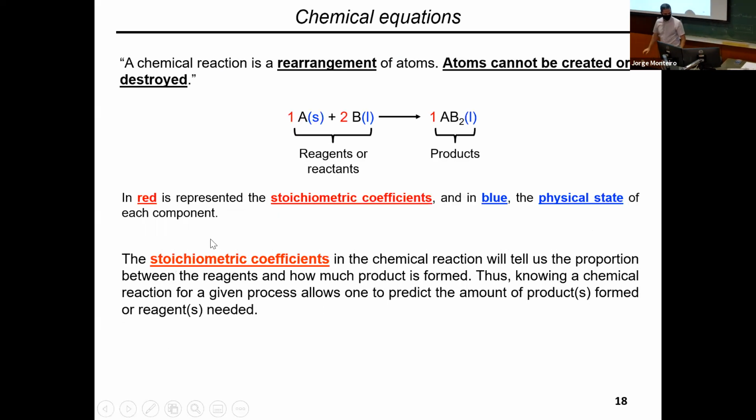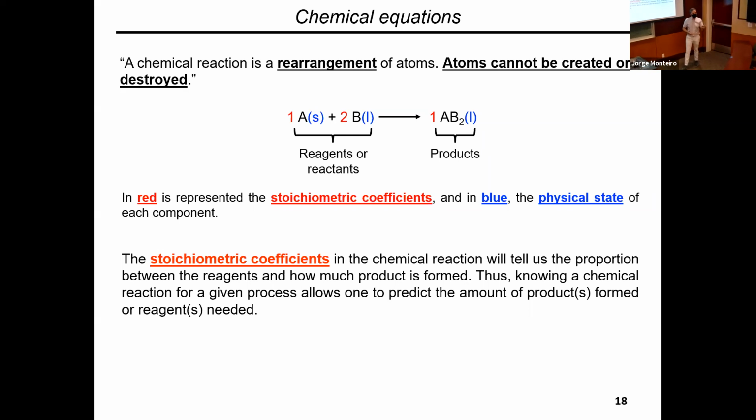All right, very good. So let's go back a little bit and talk in depth about chemical equations. So a chemical reaction is a rearrangement of atoms. Atoms cannot be created or destroyed. So therefore, in any chemical reaction, the number of atoms for an element before has to be the same after the reaction.